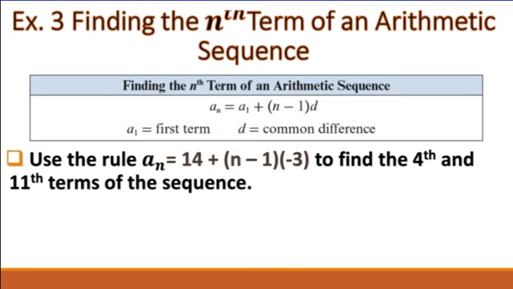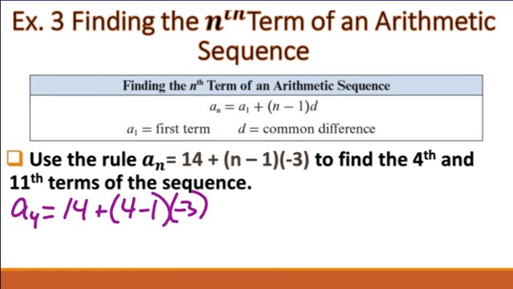Next one, use that same rule to find the 4th and 11th term. So a subscript 4, we got 14 plus 4 minus 1 times a -3. We got 14 plus 3 times a -3 is a -9. So the 4th term would be 5.